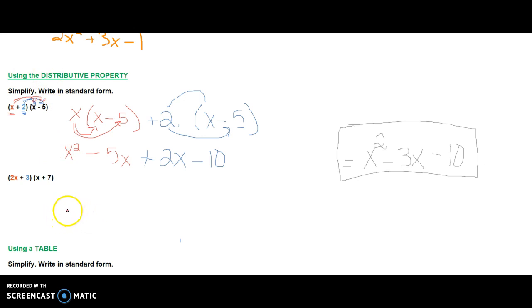Now that you've tried this on your own, let's take a look. We start by distributing the first term to both terms in the second set of parentheses. So 2x times x plus 7. And then we distribute the second term into both of the terms in the second set of parentheses.